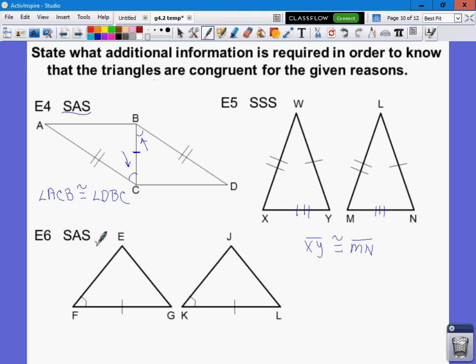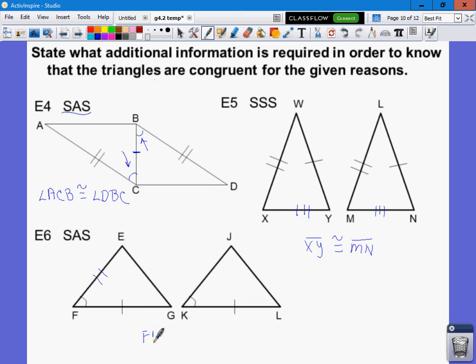Example 6, side, angle, side. They gave me a side, they gave me an angle. Which side would I need in this figure? Would I need FE or would I need EG? I've got to have FE so that the angle is what? Included. It's got to be caught between them.